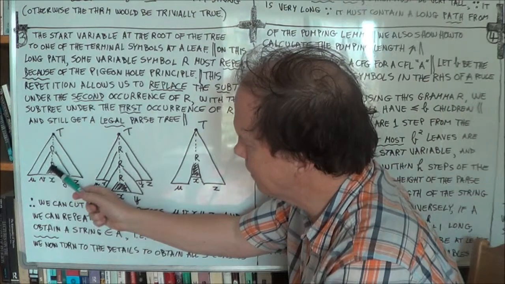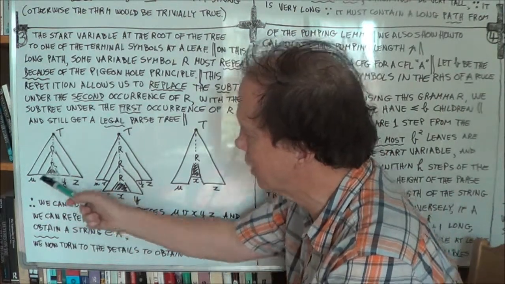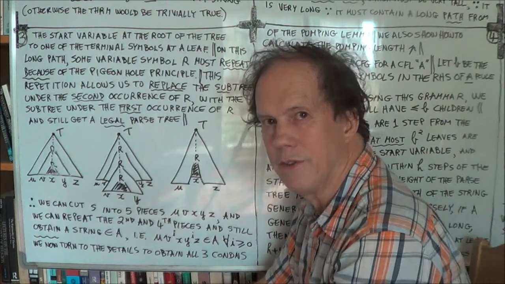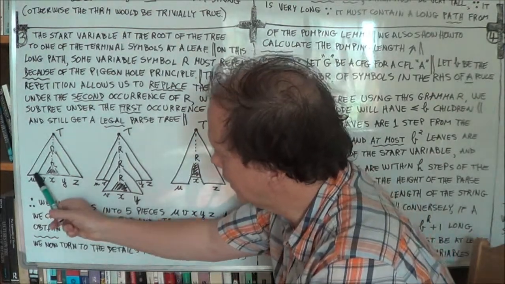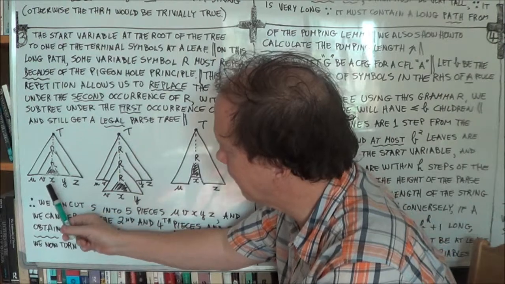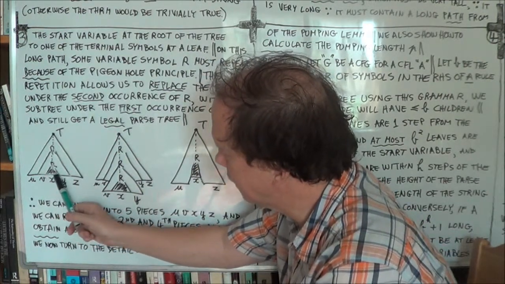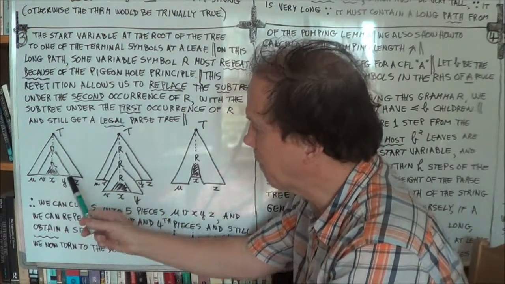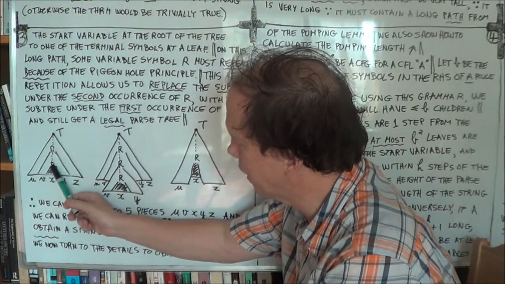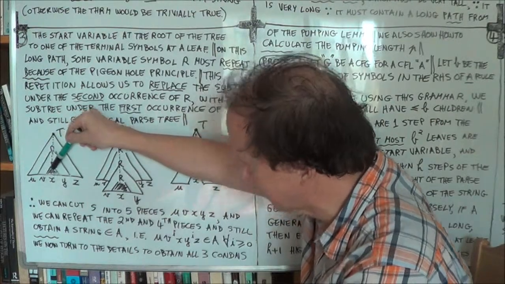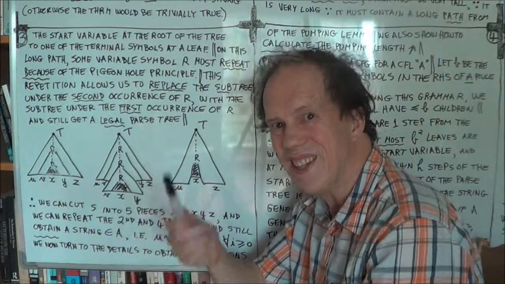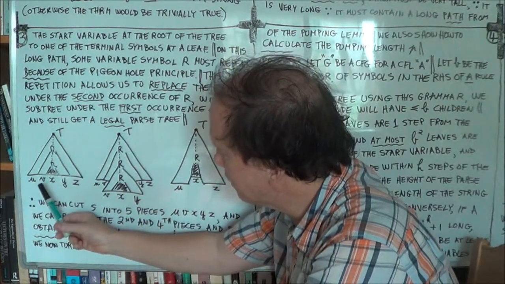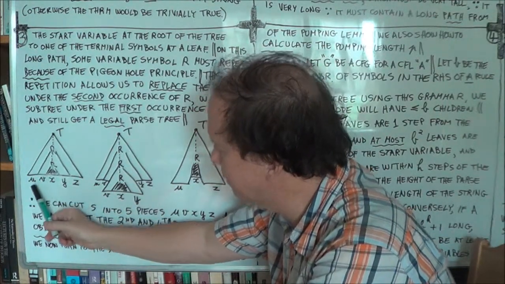Now you can see this string here, your S. That's been derived from your grammar. You can see it's in like 5 parts. This part here, call it X. That's the substring that you generated from R. This R, the second occurrence of R, the repeat variable.